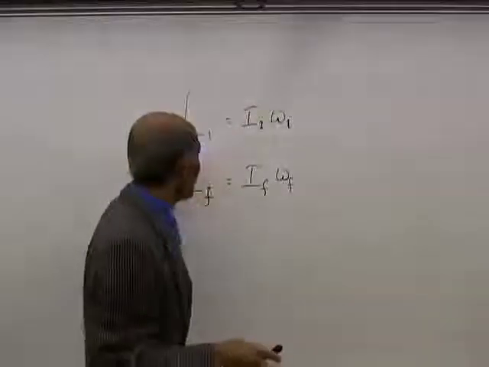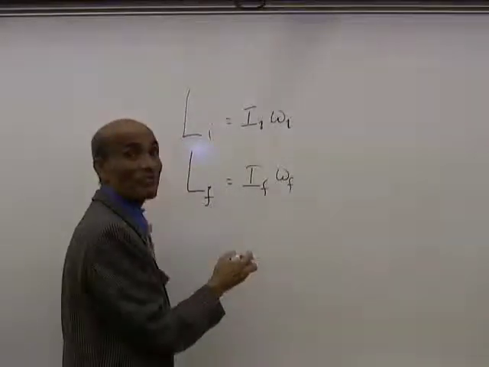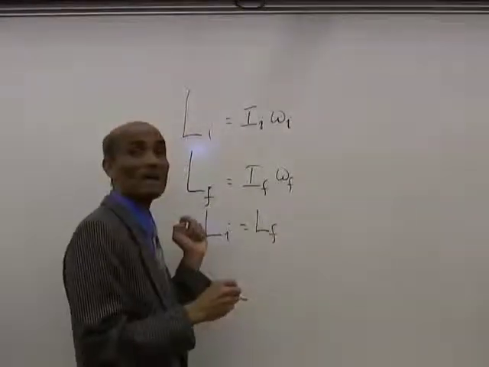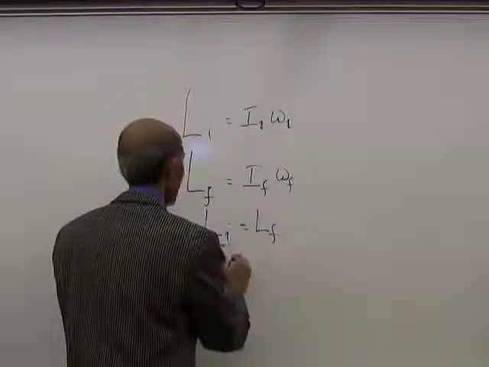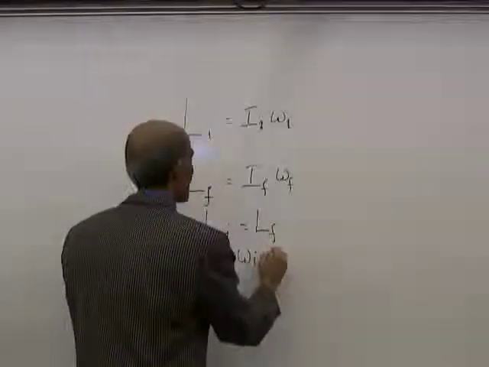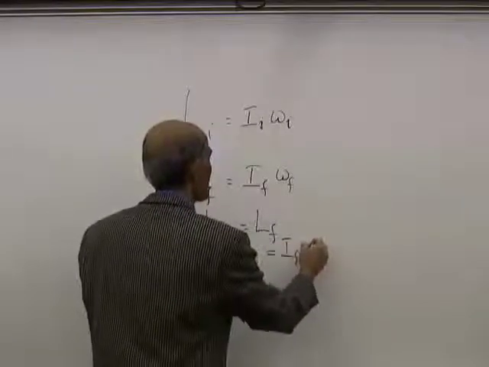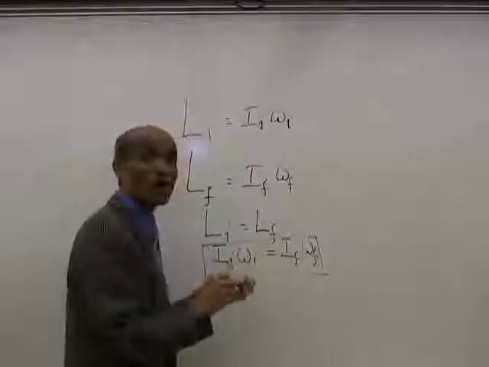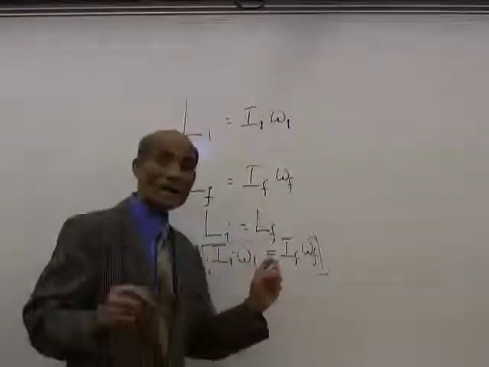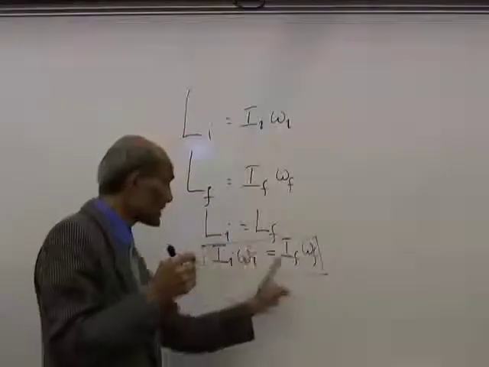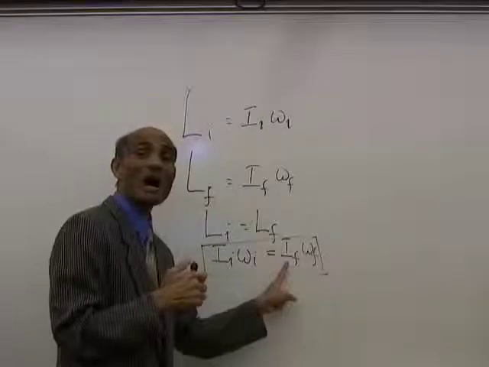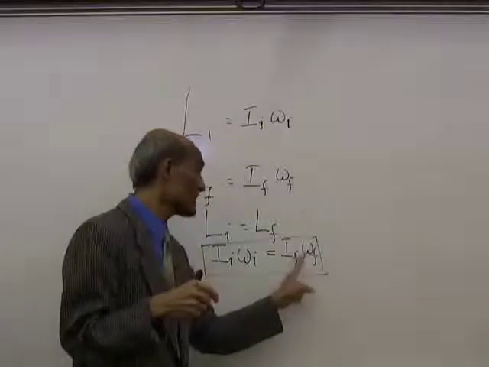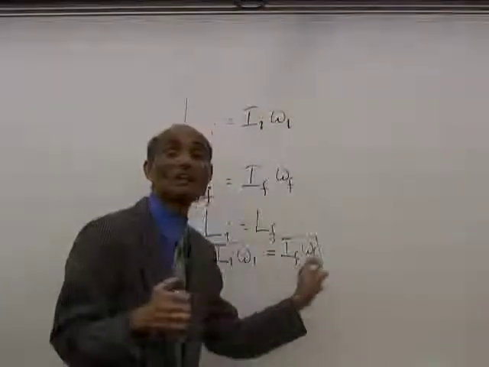That means you know that the conservation of angular momentum dictates that Li must be equal to Lf. That means I omega I must be equal to IF omega F. Now this is very significant because when I bring my arms closer, my moment of inertia IF becomes smaller, and in order that the angular momentum may be conserved, my angular velocity must increase.